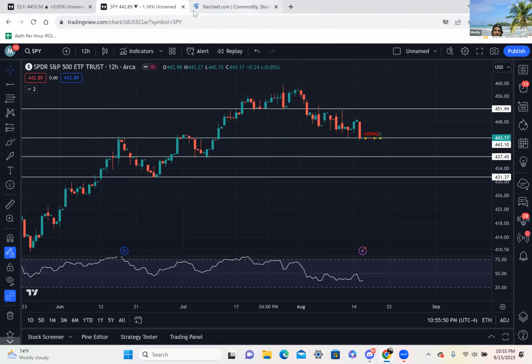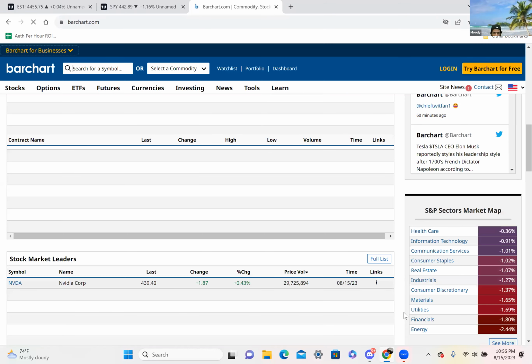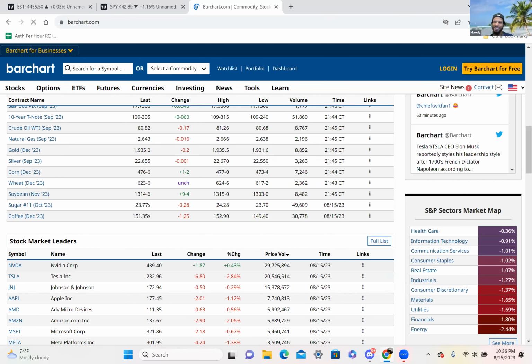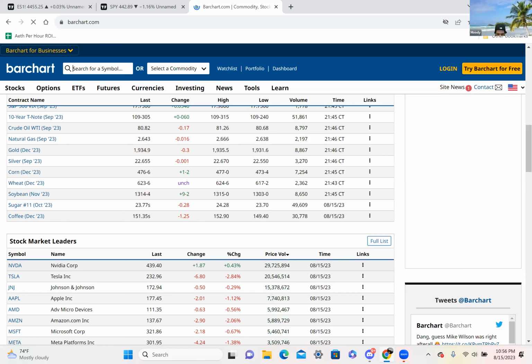Utilize bar charts. Hopefully people are selling energy. Energy got beat up, they're down like 2%. Yeah, they got smacked today. I got smacked with Exxon, CVX, and XLE.